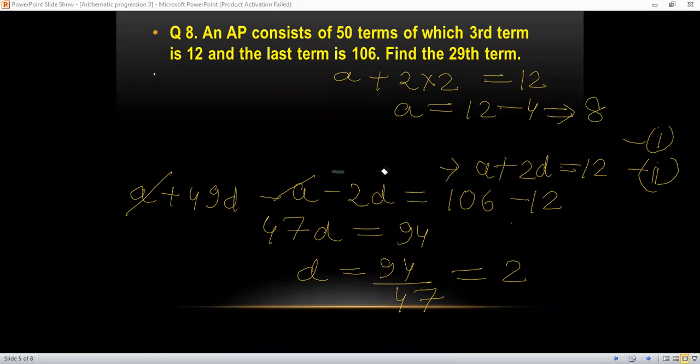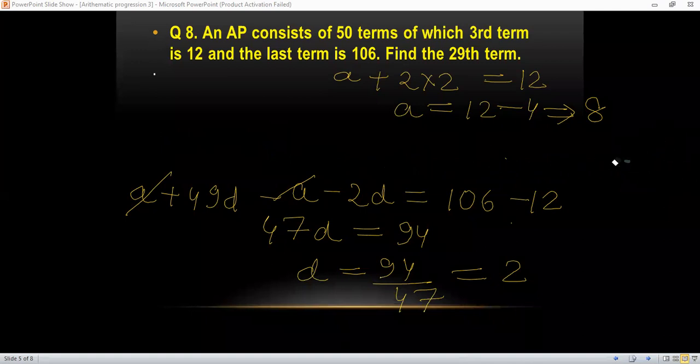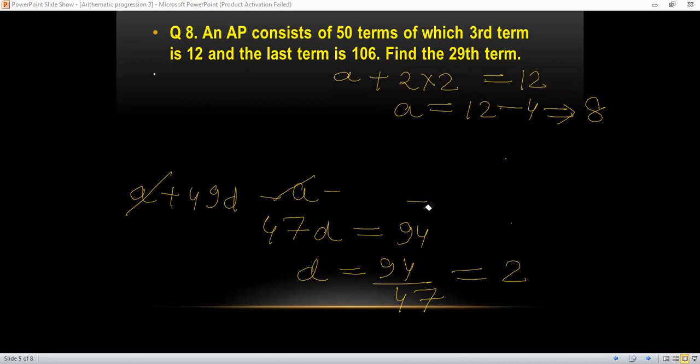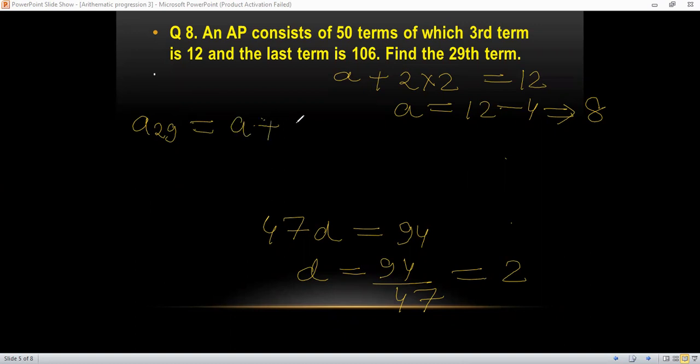Now we have got two values, A and D. Now we can easily find the 29th term. Now substitute the values for the 29th term. That is, A29 will be A plus 28D.